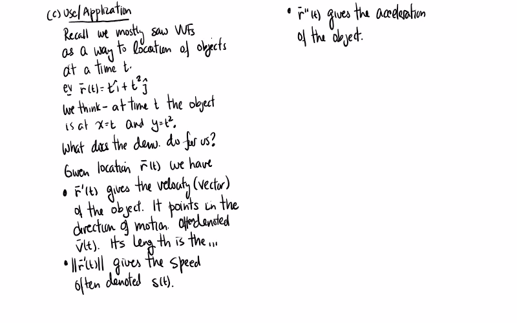Visually, it gives you both an idea of how the direction is changing and how the speed is changing. So this encapsulates, if you like, how both direction and speed change.